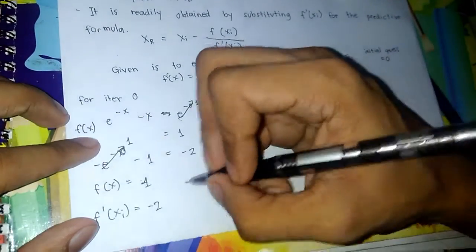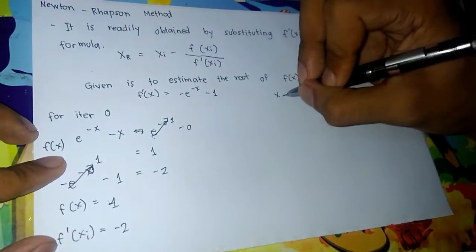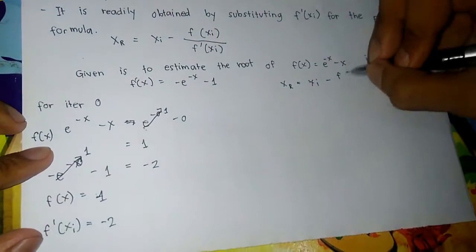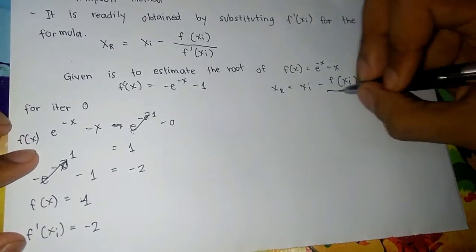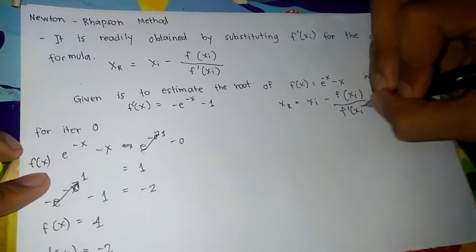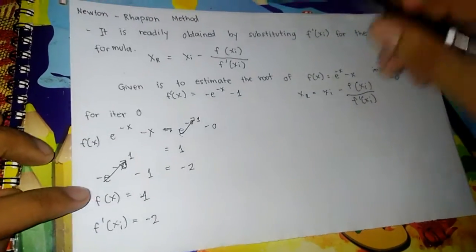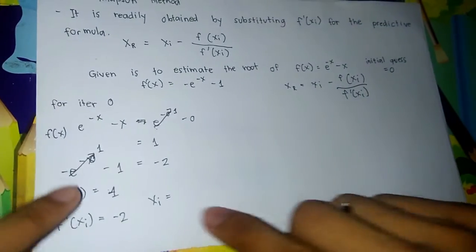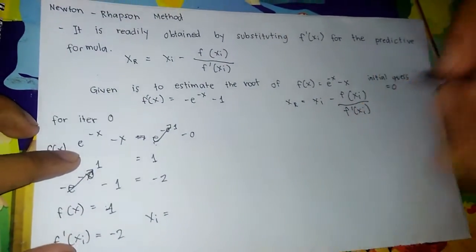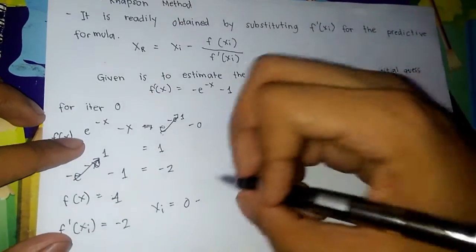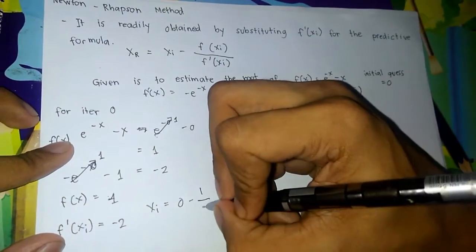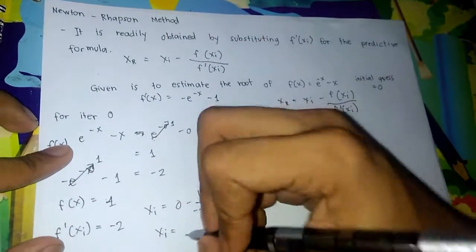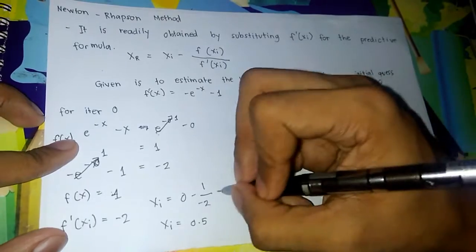By putting in the formula xr is equal to xi minus f of xi over the derivative, substituting 0 for xi, 0 minus 1 over negative 2, so it would be 0.5 because it is 1/2.